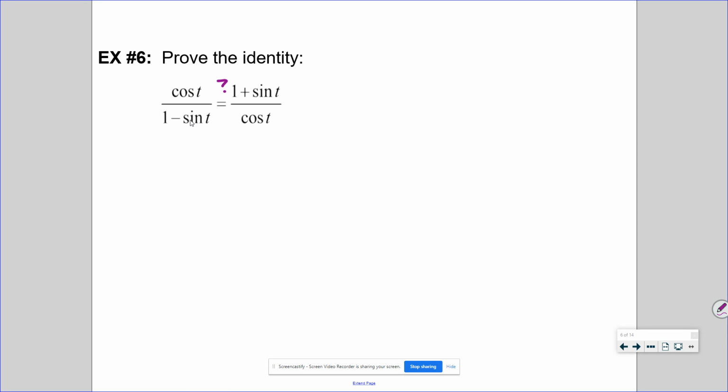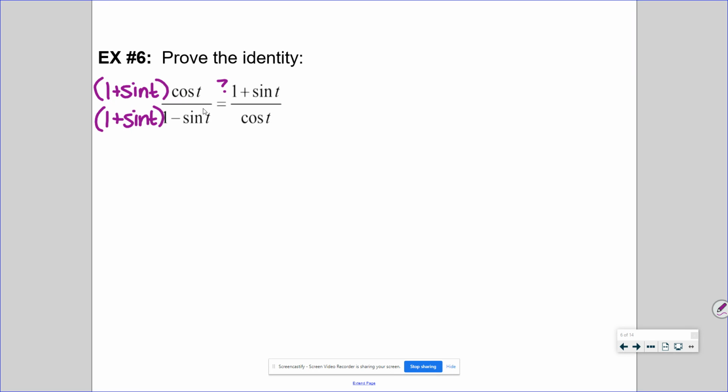When you're kind of stuck or limited and you have a fraction, one thing you can do is multiply the top and the bottom of the fraction by the conjugate. The conjugate is the exact same thing that you have in your denominator, but you change the sign in the middle.